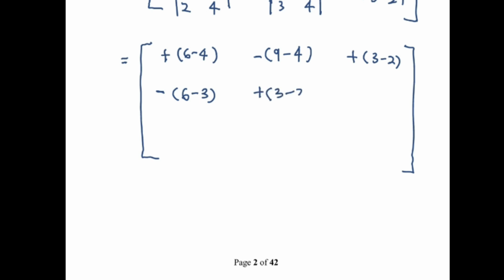Positive 3 minus 3. Negative 1 minus 2. And for the last row, positive 8 minus 6. Negative 4 minus 9. And then positive 2 minus 6.